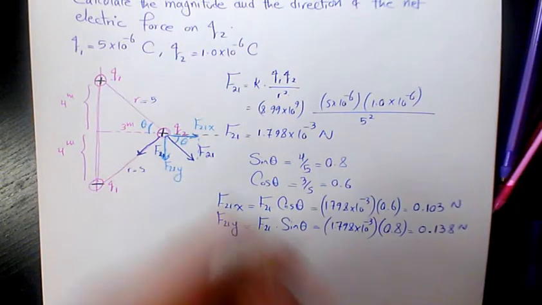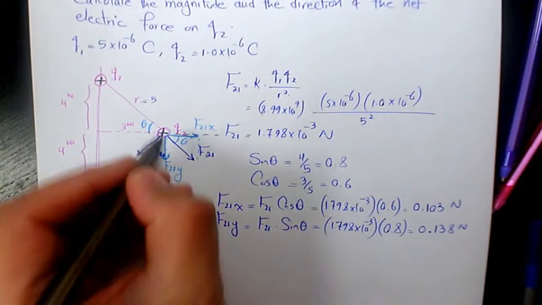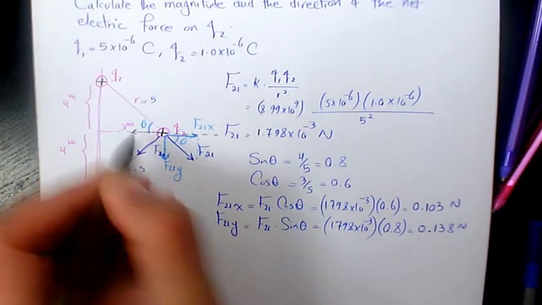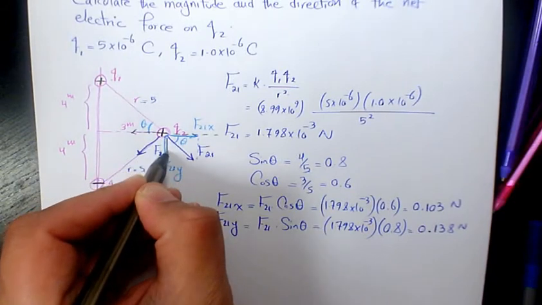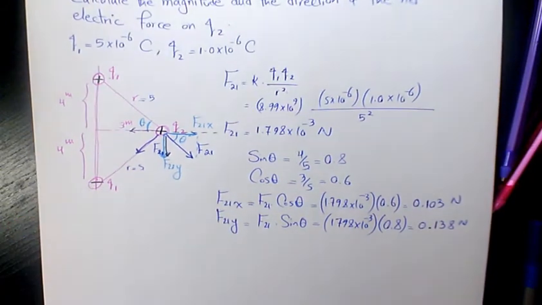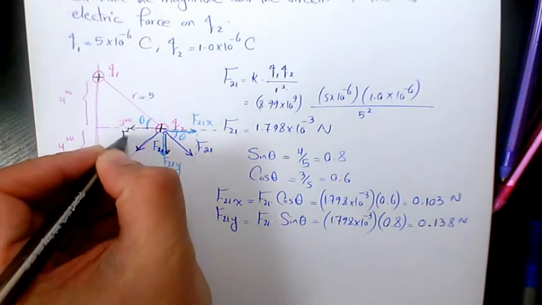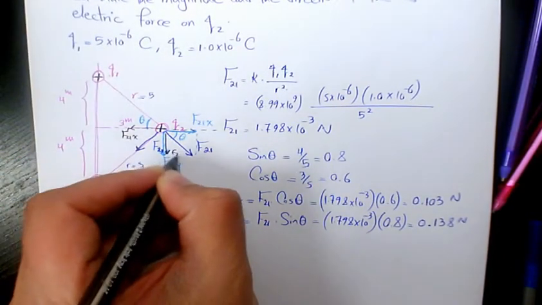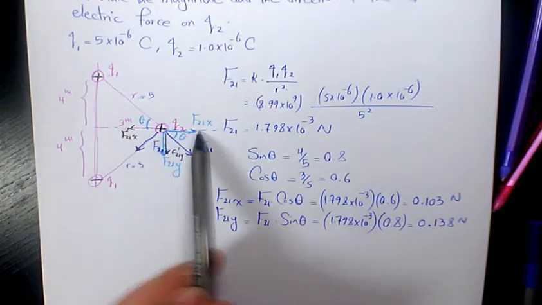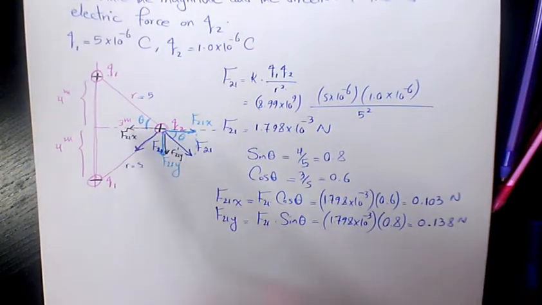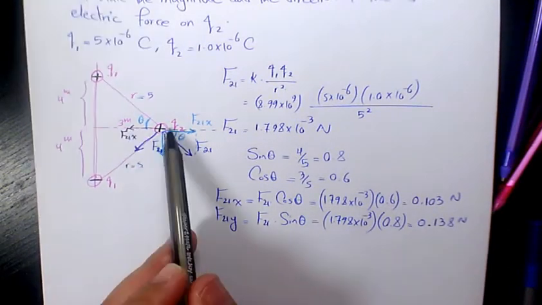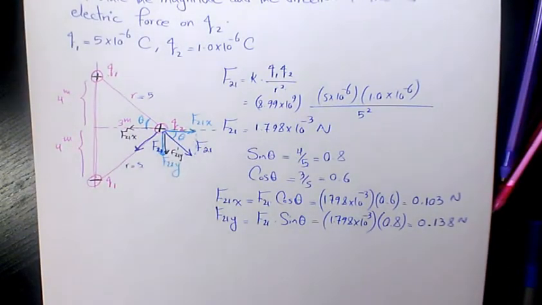We have the same thing for the attractive force here, this direction, and exactly the same thing going down. So as you see here, let's call it F prime 21x and F prime 21y. These two are equal but in opposite directions, so it means that the forces on the x-axis cancel out, so the net force is going to be 0.